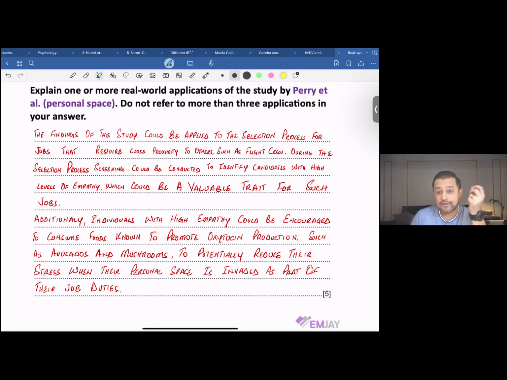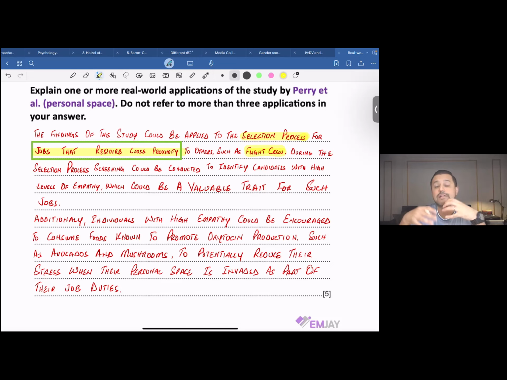So the findings of the study could be applied to the selection process for jobs that require close proximity to others, such as flight crew, cabin crew, air crew. During the selection process, screening could be conducted to identify candidates with high levels of empathy.